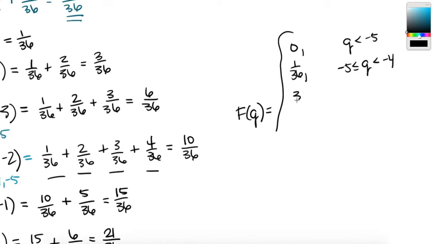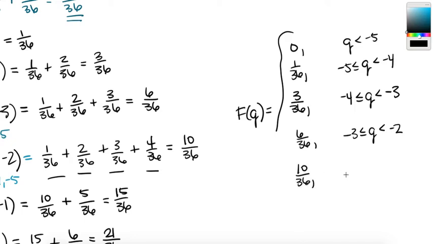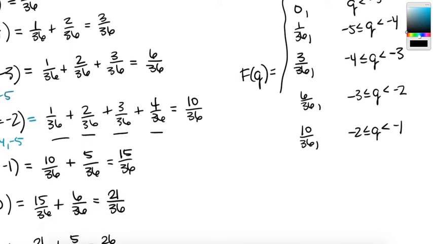Okay. And then it's 3 out of 36 if we've bumped up to -4, but not yet -3. Let's see, it's 6 out of 36 if we have bumped up to -3, but not up to -2. It's 10 out of 36 if we have bumped up to -2, but not -1.